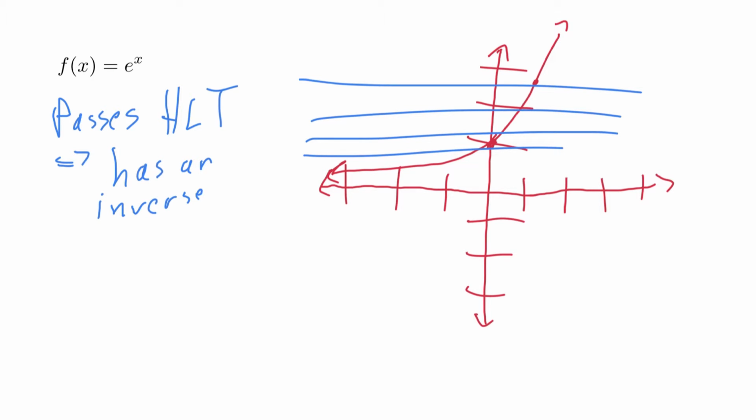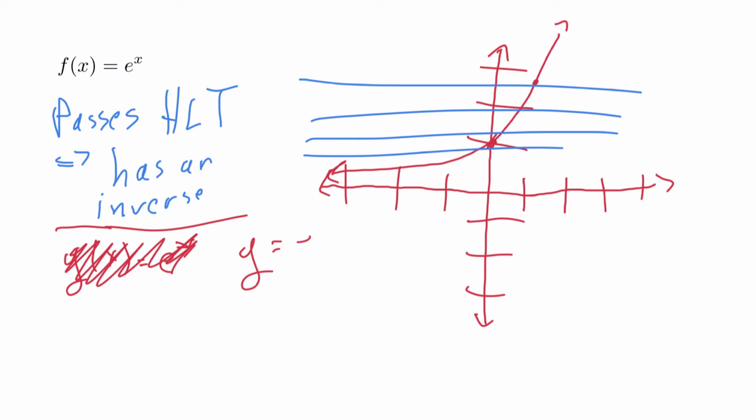Okay, so to compute the inverse, I write y equals e to the x. And then I'll switch the roles of x and y. And then my goal is to solve for y. So the question is, what function will isolate y here?